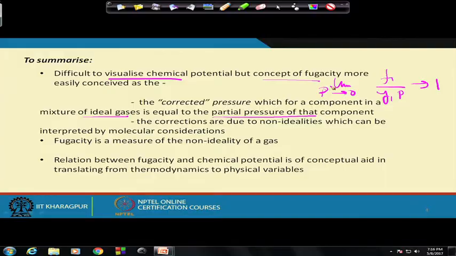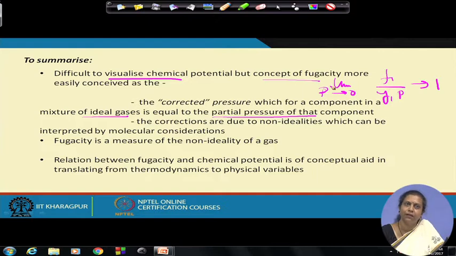It is a conceptual aid by which we have translated thermodynamics to the physical variables. We have related an abstract concept of chemical potential to the concept of fugacity, which can be understood or related to the physically realizable world. The only condition which we need is to find a straightforward way of defining fugacity, but before that there are certain other things that we need to do.